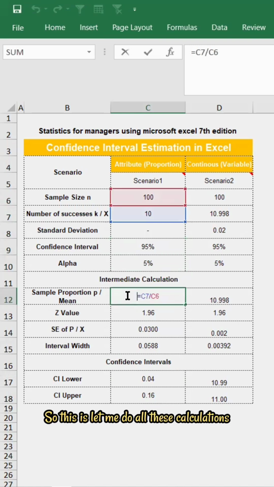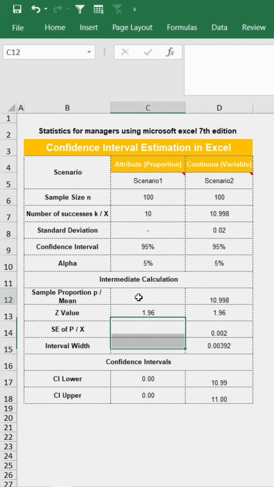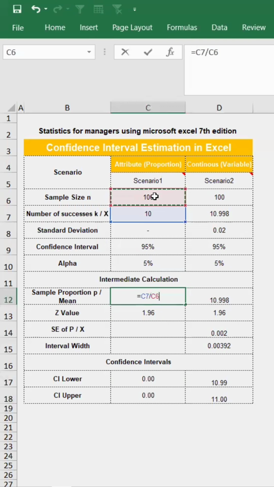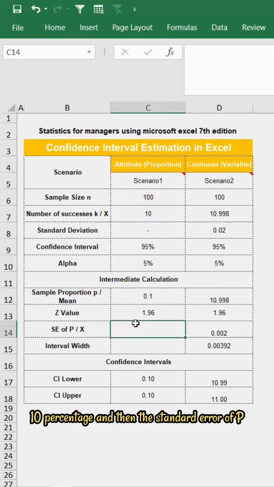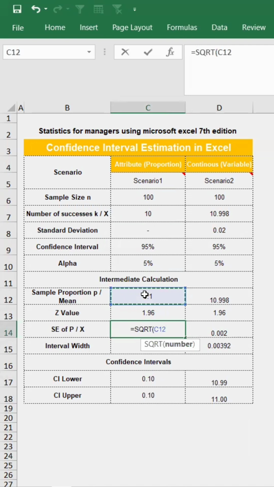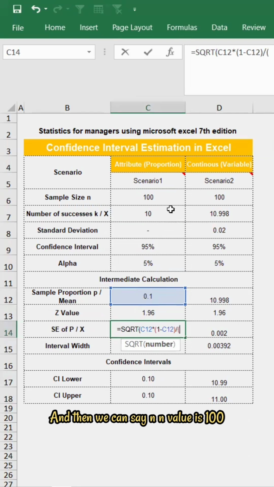So, let me do all these calculations. Proportion is nothing but this 10 divided by 100, 10%. And then the standard error of p, this is the formula: square root of P times, you can just give a bracket, 1 minus P, that is going to be 90, divided by n, where n value is 100.